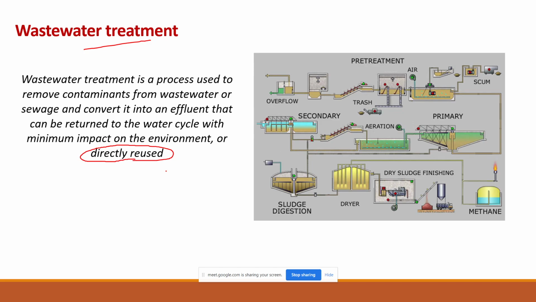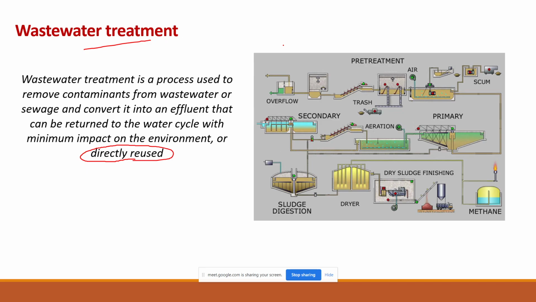You are reclaiming the treated water and using it for your own purposes. Now, when we talk about wastewater treatment, there are different stages. In today's lecture, I'll tell you briefly about the different wastewater treatment processes, and we'll go through some of the numerical aspects, right?